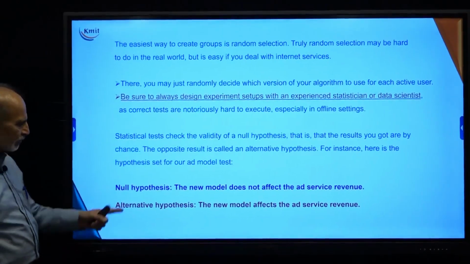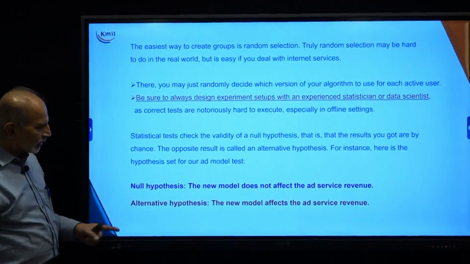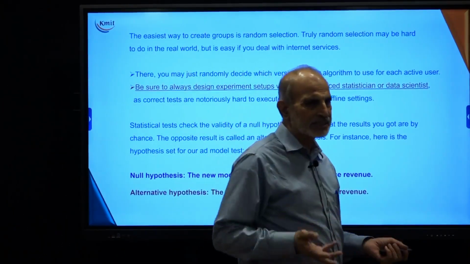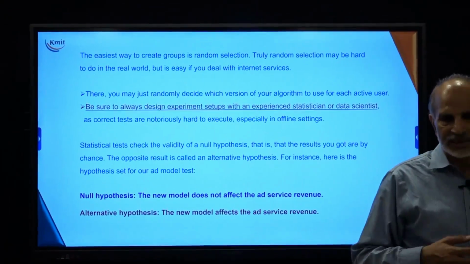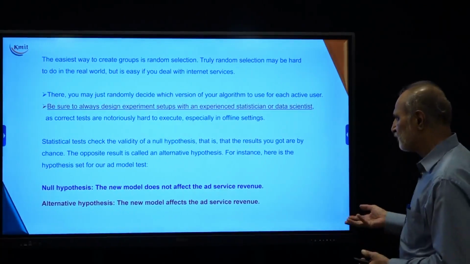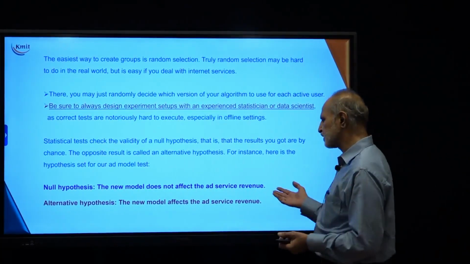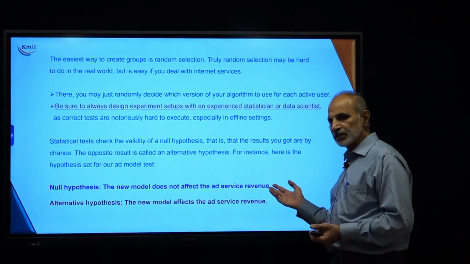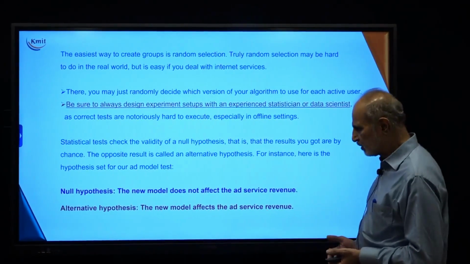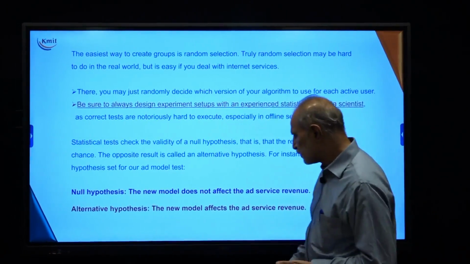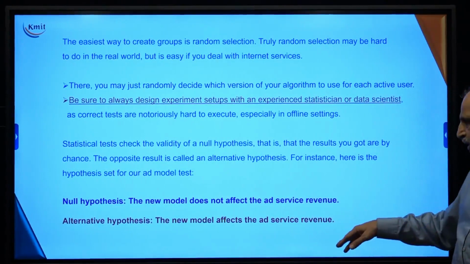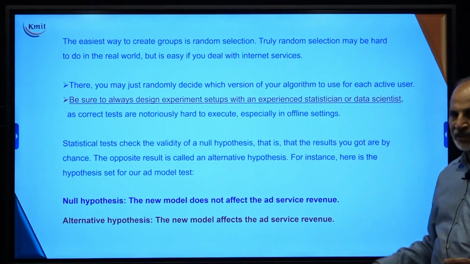The null hypothesis says the new model does not affect the ad services revenue at all. That means I am not gaining any information. When no new information is available, what do I do? I have a null hypothesis, which gives me the answer equal to null, so whatever ad I was doing, I will continue with that. However, the alternate hypothesis says the new model affects the ad services revenue. So, the new model which I am implementing is affecting my ad services.